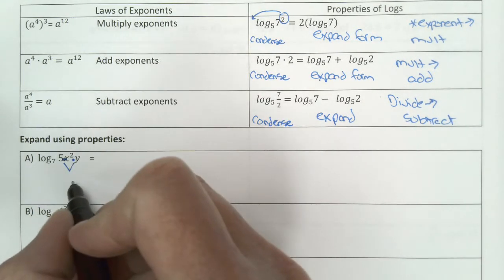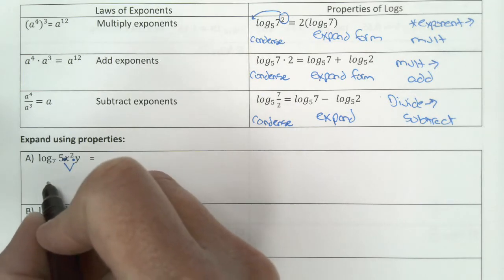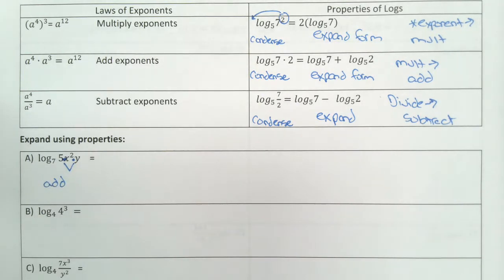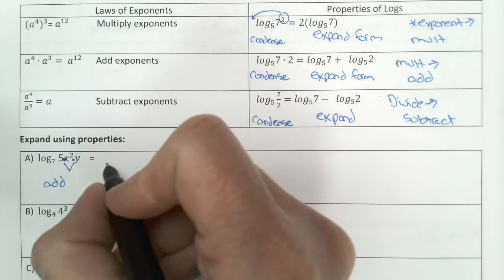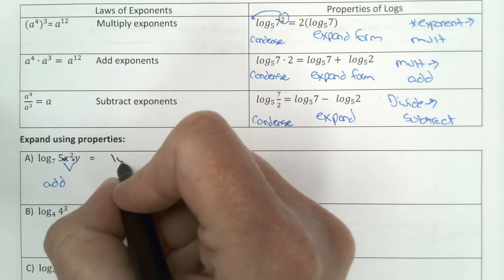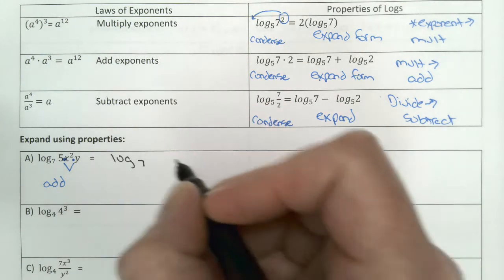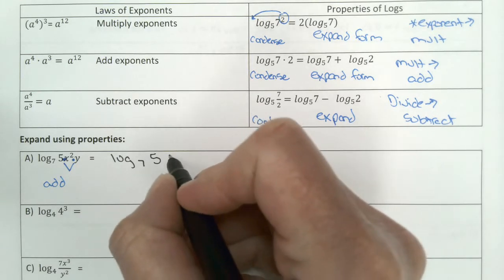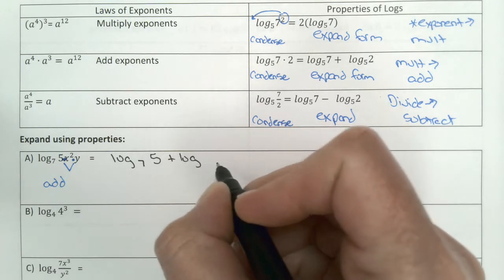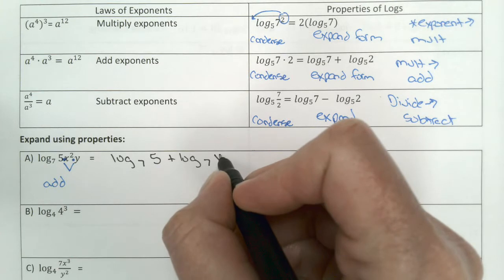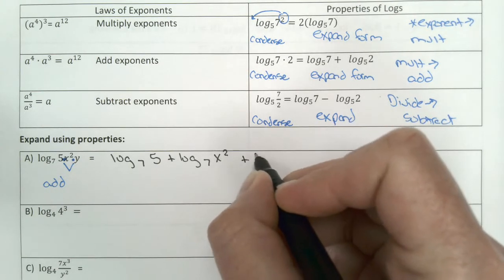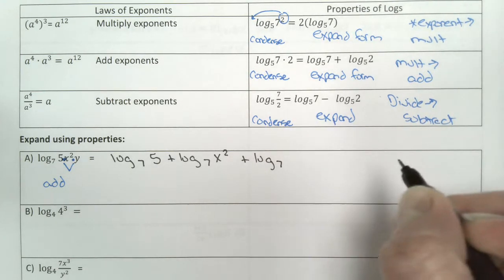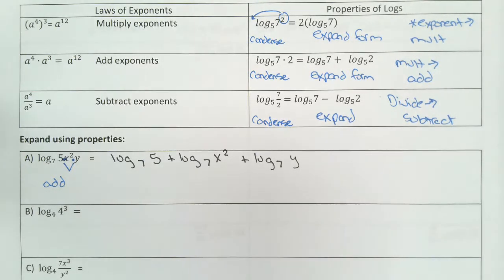Those two multiplied, we're going to break apart by addition. So this is going to become log base 7 of 5 plus log base 7 of x squared plus log base 7 of y.